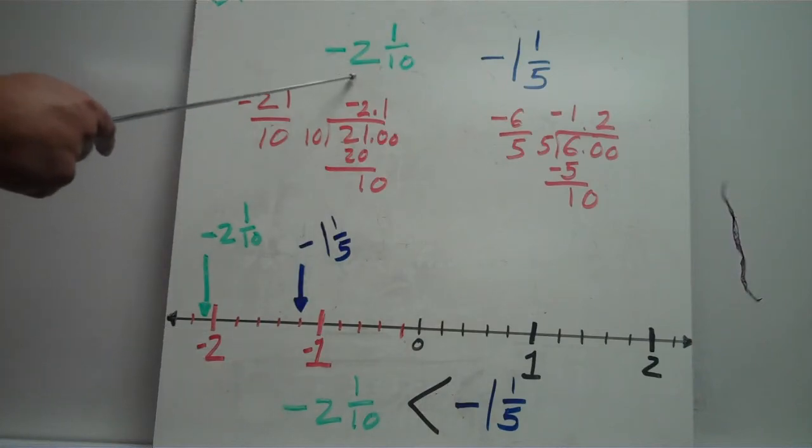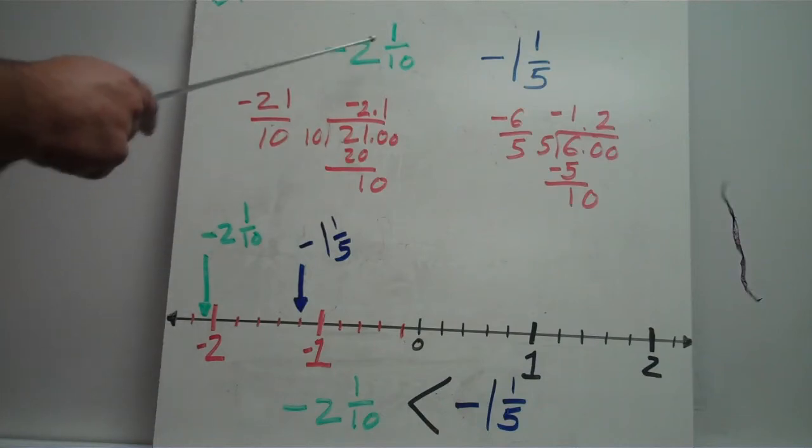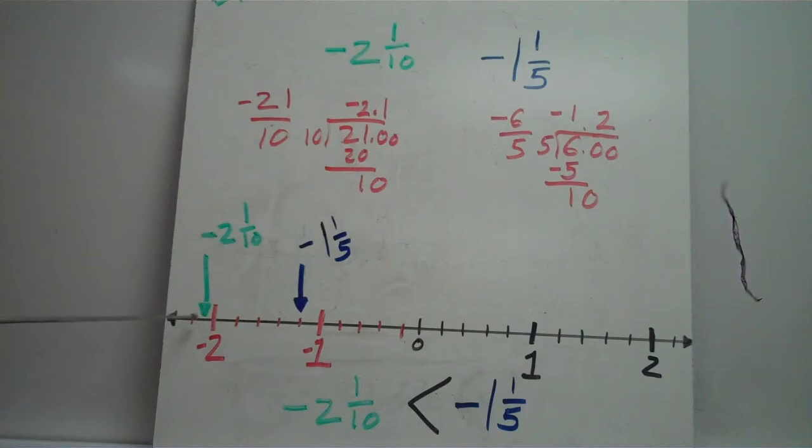Our first number, negative 2.1, we have to come all the way down here to negative 2. Since this hash mark here is negative 2 2/10, and we're looking for negative 2 1/10, that's going to be halfway in between the integer of negative 2 and negative 2 2/10.